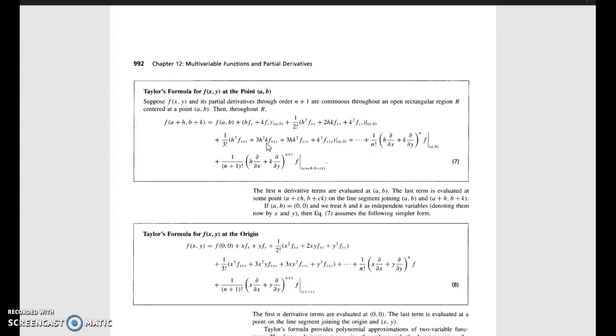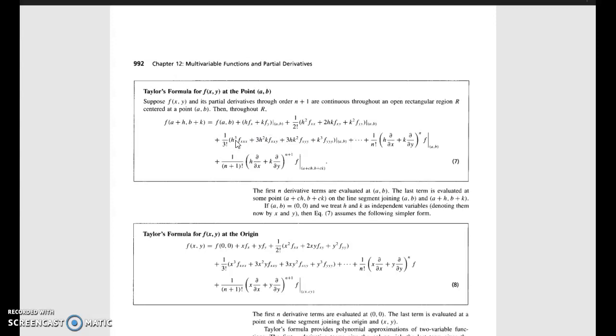This can be studied very easily by using this h cube fxxx. Here the x increment is denoted by h and the y increment is denoted by k.